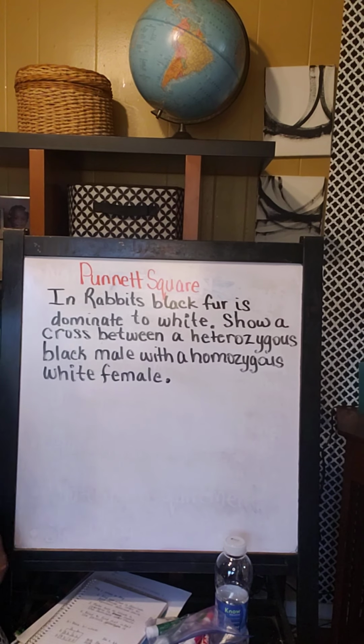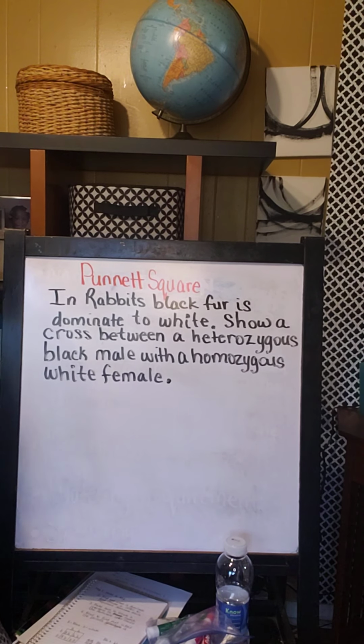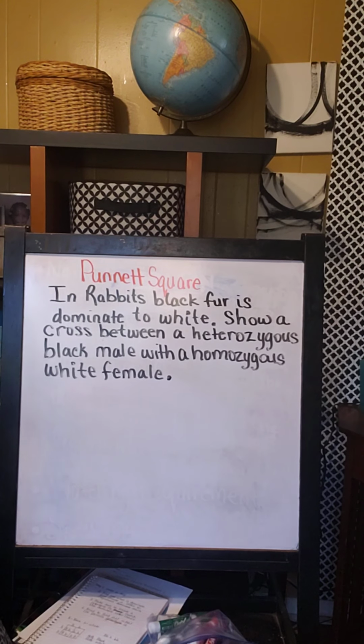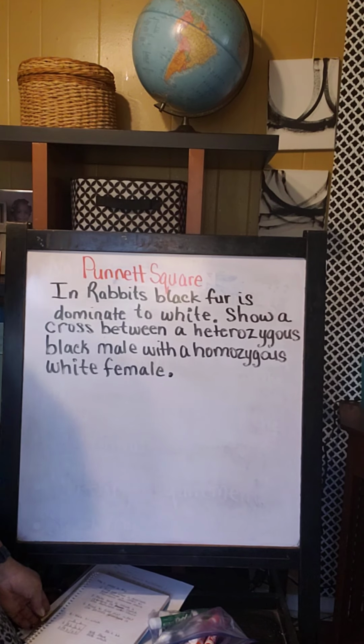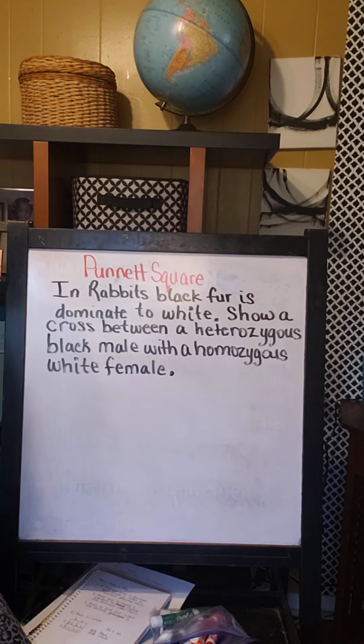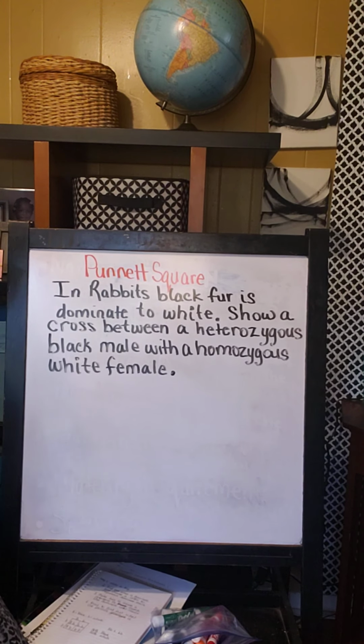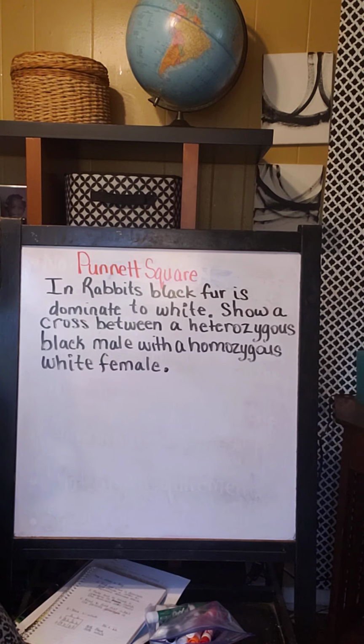Whenever answering a Punnett square, it's important that you pay close attention to the details, okay? The details are super important. I would suggest that you create a key whenever you are doing a Punnett square. Here we have a question whenever we're trying to make the predictability of what offspring will be.